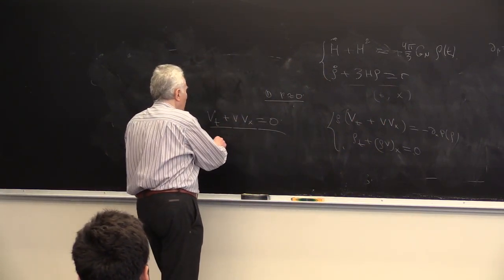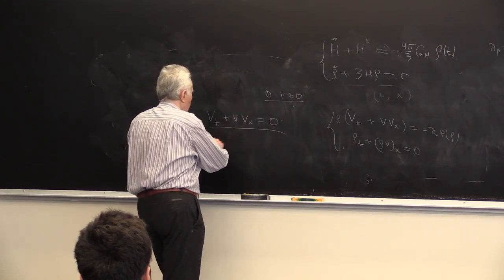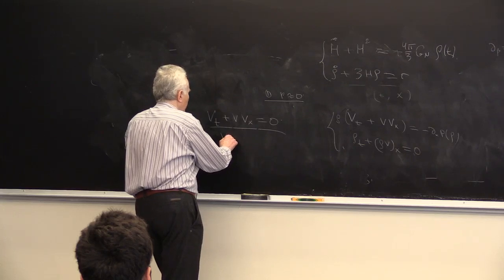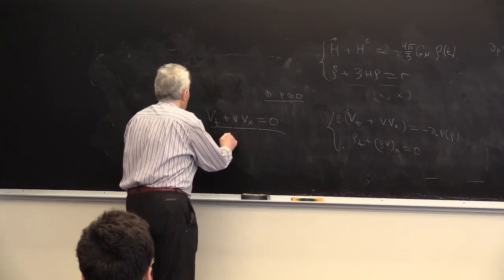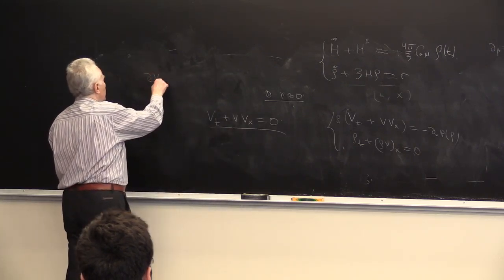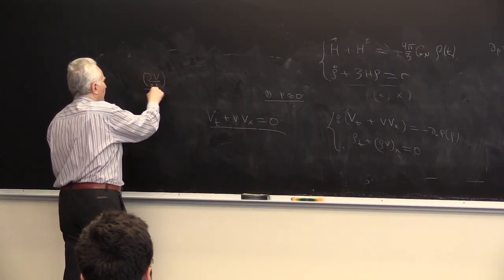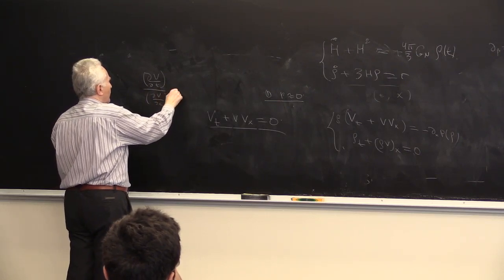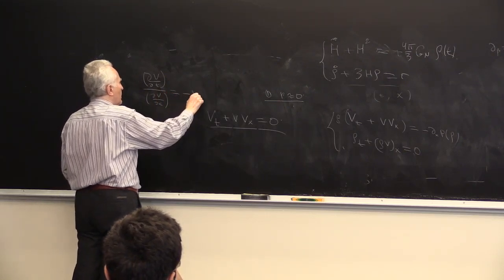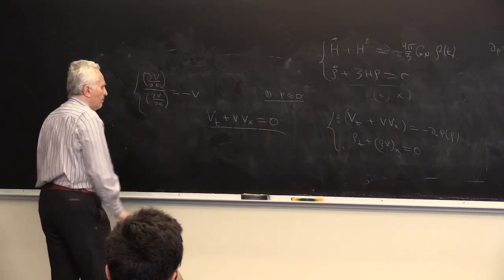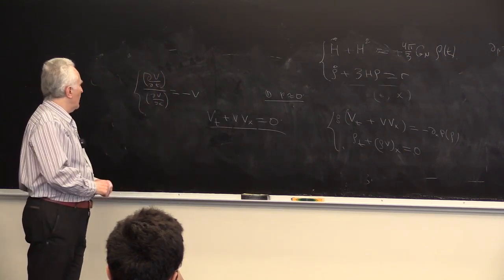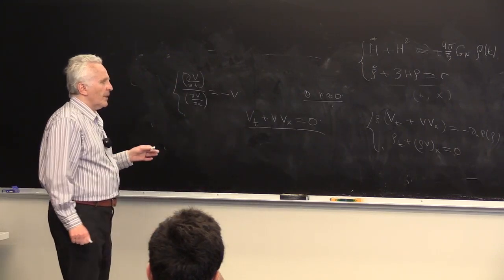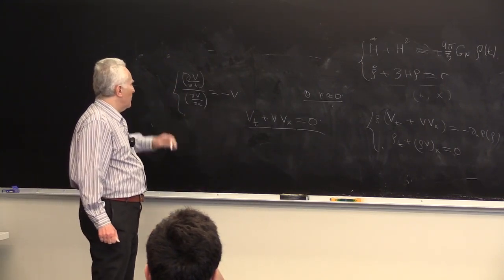Okay, let's write down the equation in this form. dv/dt over dv/dx is equal to minus v, which depends on x and t. Now, what do you think?